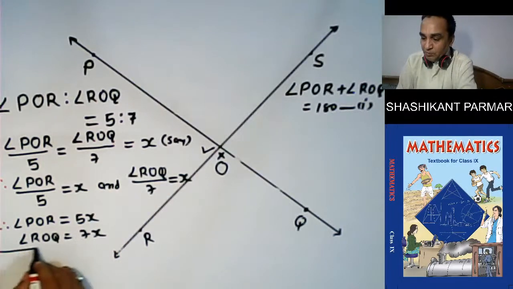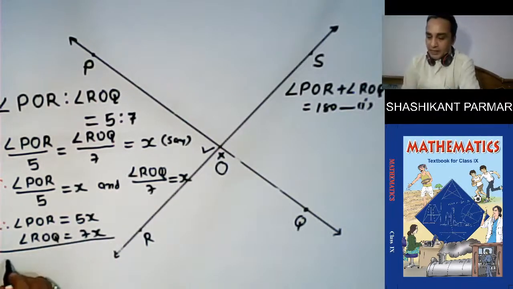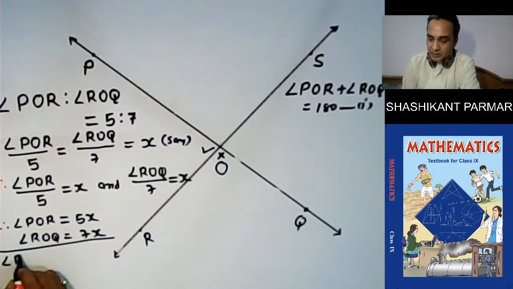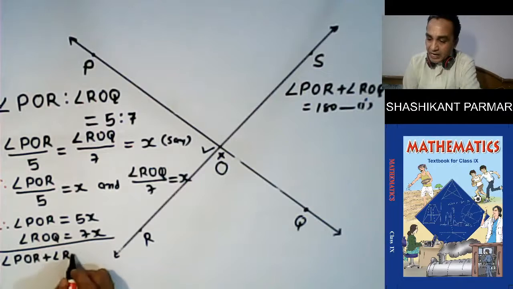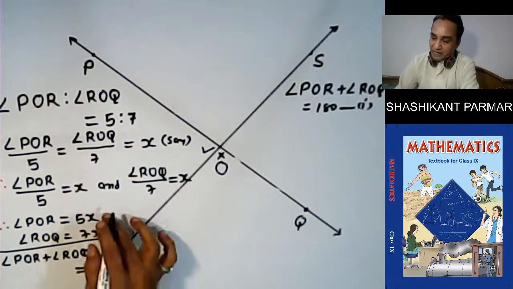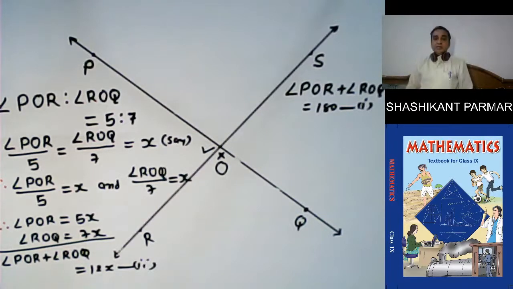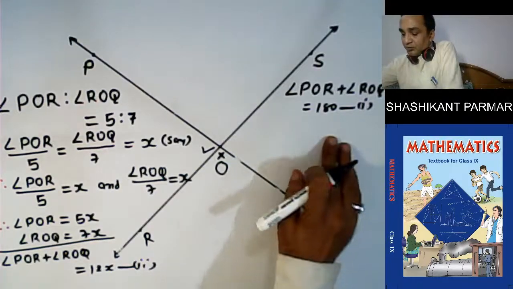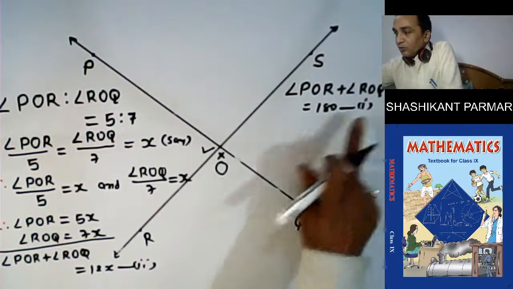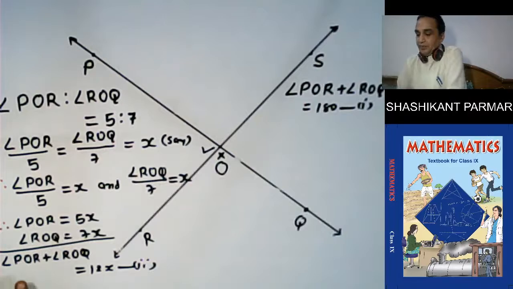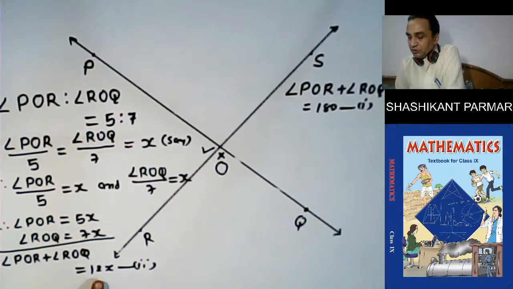Now take the sum of these. Angle POR plus angle ROQ is equal to 5x plus 7x is equal to 12x. Say this is second. Now see here, what is first? POR plus ROQ is equal to 180. Here POR plus ROQ is equal to 12x.